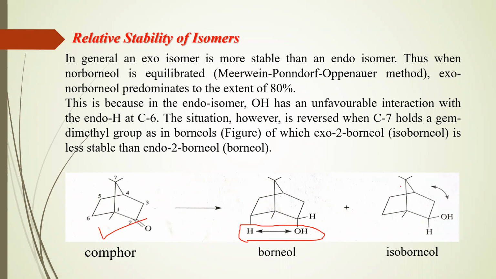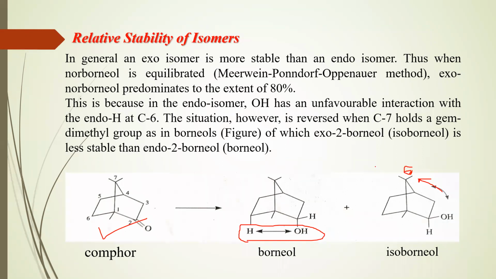In the case of camphor, this is carbon number 7, which holds the dimethyl group in that figure. Therefore, this interaction is more than this OH and H interaction.